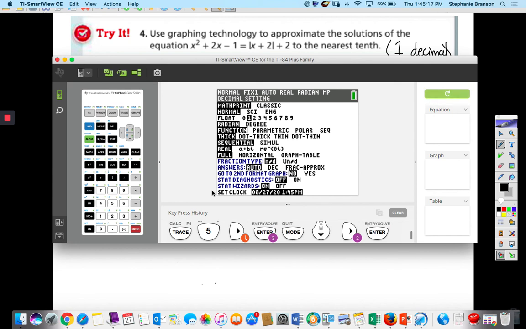That should take you to 1 decimal place. Put the left side in Y1 and the right side in Y2. And this time we want to find both of the solutions. We're not just trying to find one across an interval.